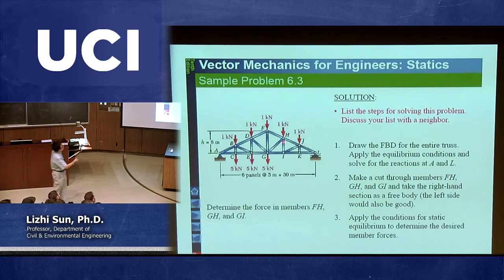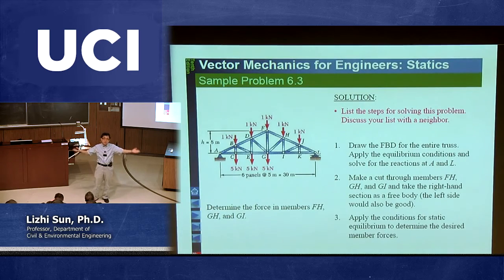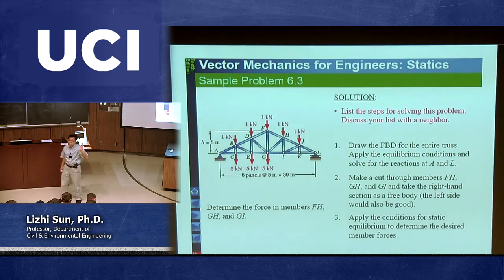For example, if we are asking you to calculate the internal forces for members FH, GH, and GI, then you need to make a cut. But before you make the cut, you are supposed to calculate those reactions. That's always the first step. Then you make the complete cut. A complete cut means you need to split the structure into two parts. And then you just use the equilibrium concept to see whether you have 3 unknowns and 3 equations or not, right? So this is the typical way you can solve the problem using the method of sections.